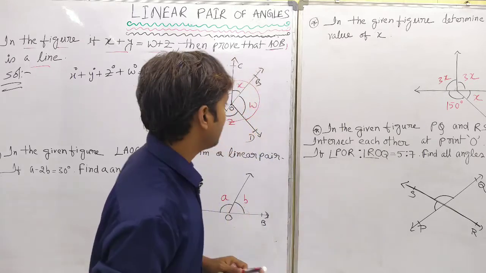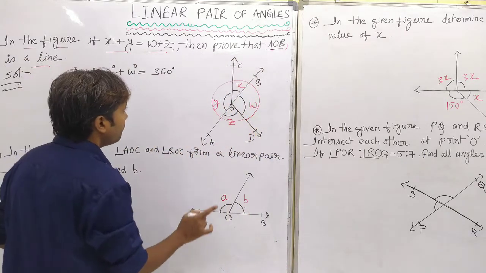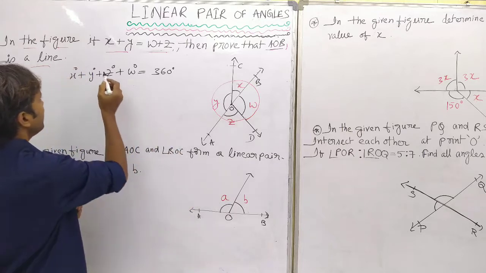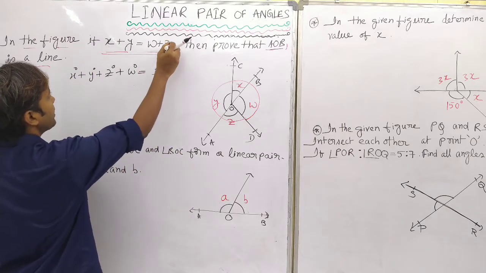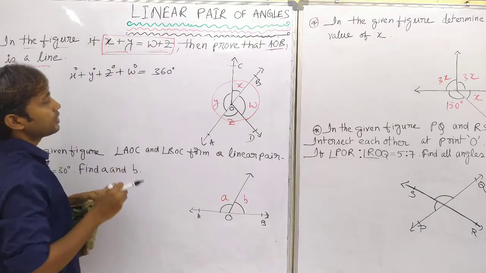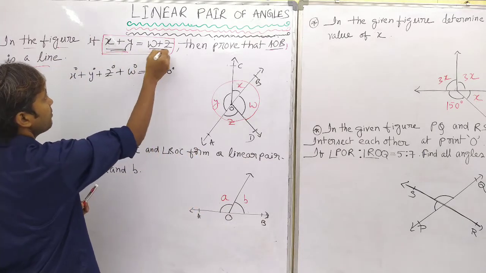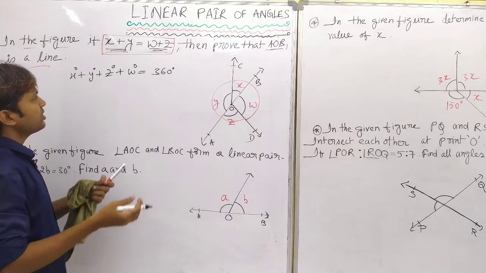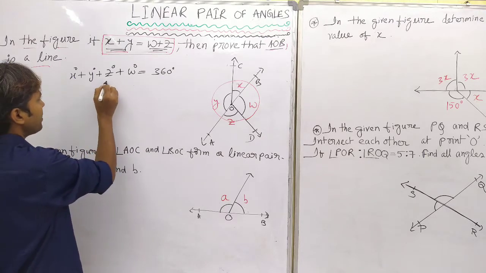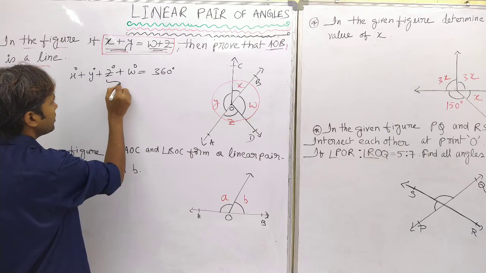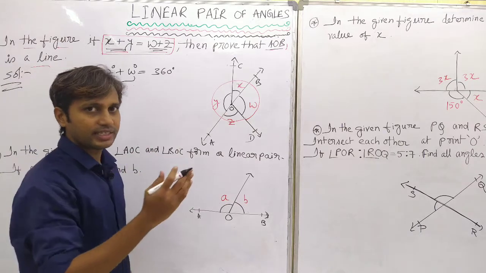Now let us see. Now we have to use the condition given. We have given that x plus y equal to w plus z, meaning the sum of x plus y is equal to the sum of w plus z. So the simple thing is, can we replace this? z plus w or w plus z is the same.